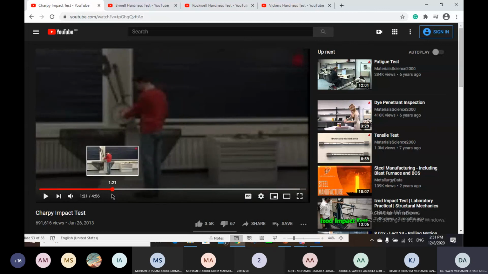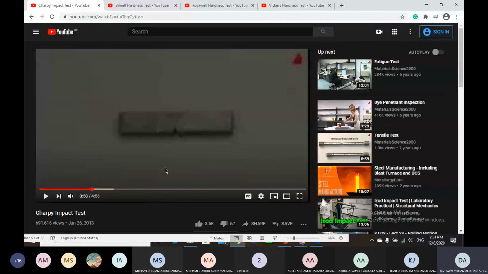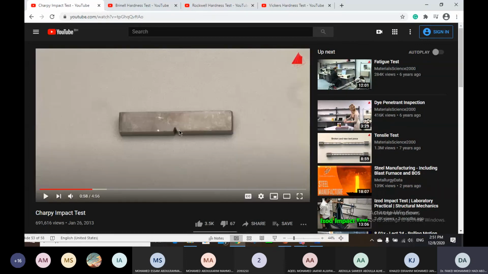Let me go to the specimen itself. Just to show the specimen. Yeah, that's good. When it comes to the reporting of the value of the toughness, normally we say the energy which is absorbed divided by the cross-sectional area. If you cut from here, you see the cross-section of that.